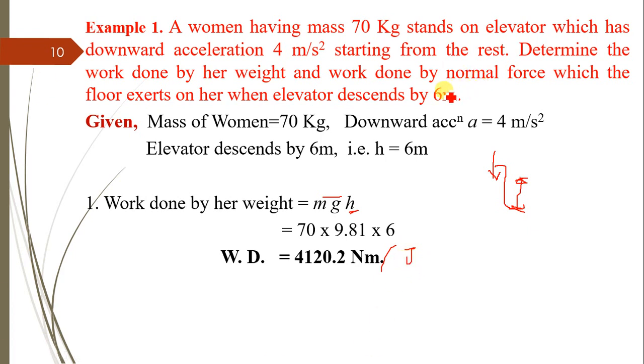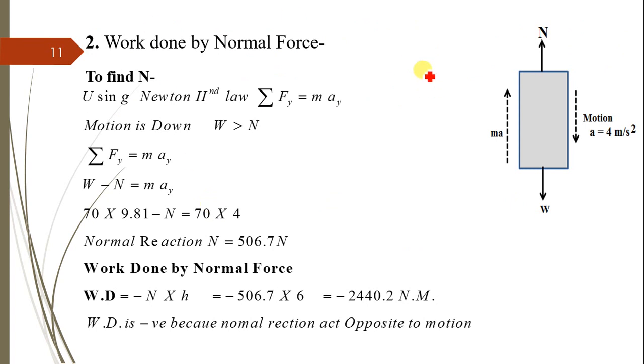The second thing to find is the work done by the normal force which the floor exerts on her. When the weight of the woman acts downward, a normal reaction is exerted on her by the floor. Again using Newton's second law of motion, summation of Fy equals m into Ay. Motion is downward, so W is more than N. So W minus N equals m into Ay.